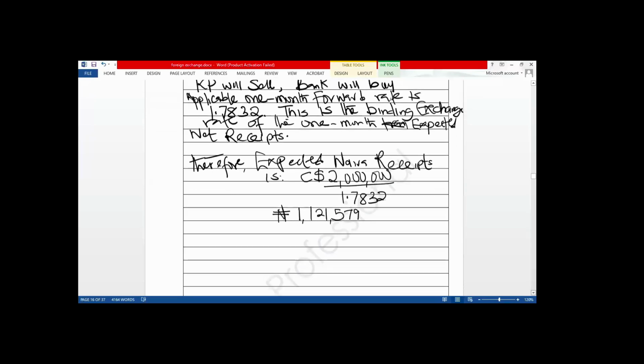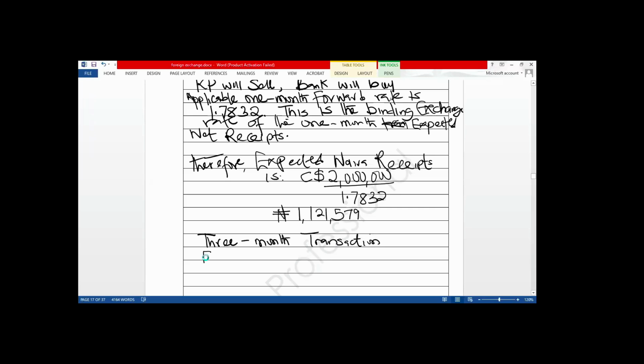You now go to, we have 2 transactions. The examiner says, calculate expected Naira receipt in 1 month and in 3 months. You now pick your 3-month transaction using forward market. For that 3 months, we only have one transaction.